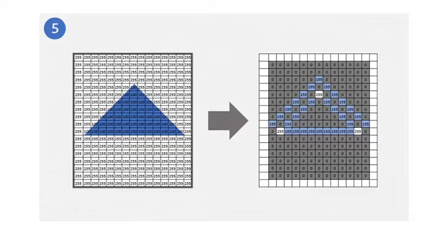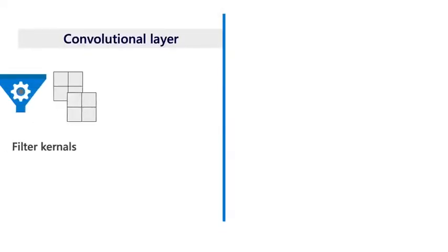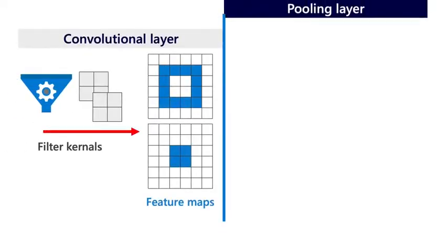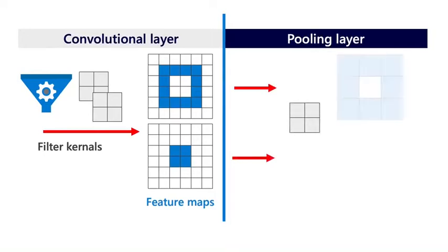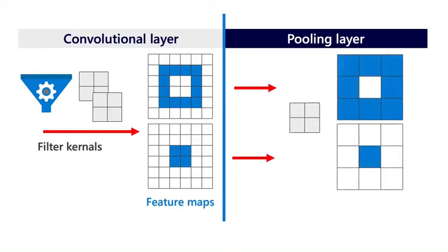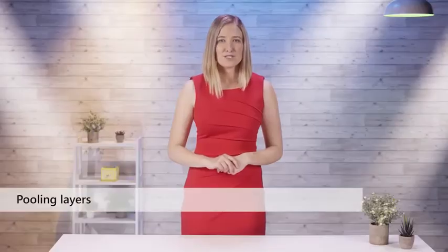In this case, the feature map highlights the edges and corners of the triangle in the image. Typically, a convolution layer applies multiple filter kernels. Each filter produces a different feature map, and all of the feature maps are passed on to the next layer of the network.